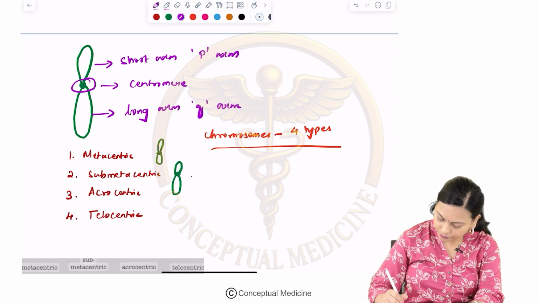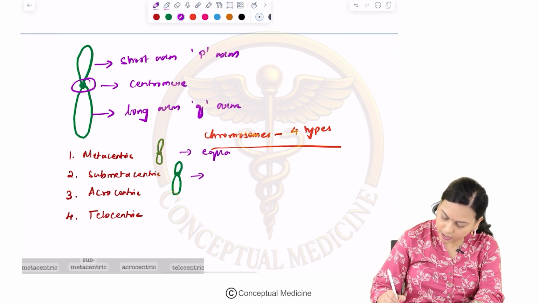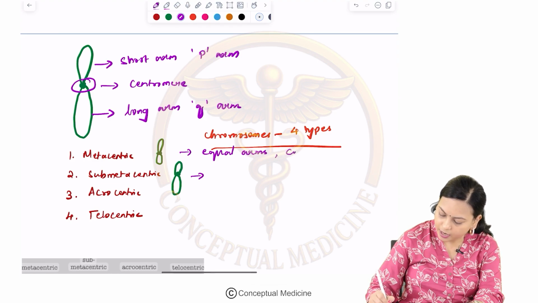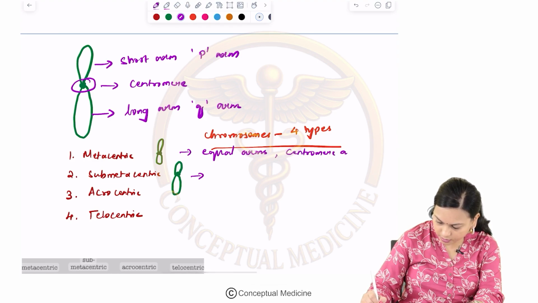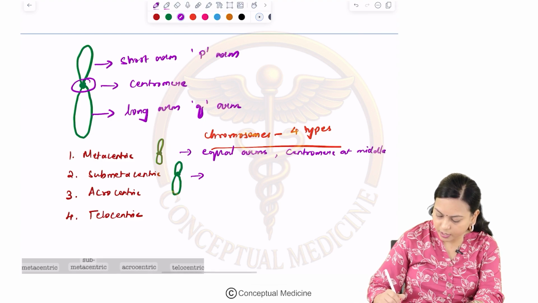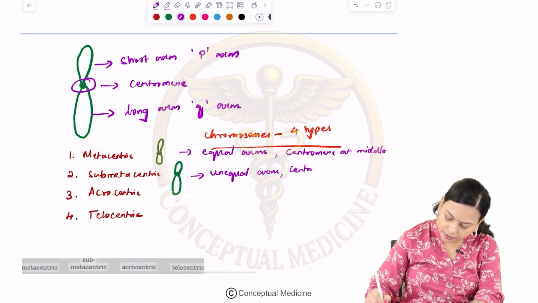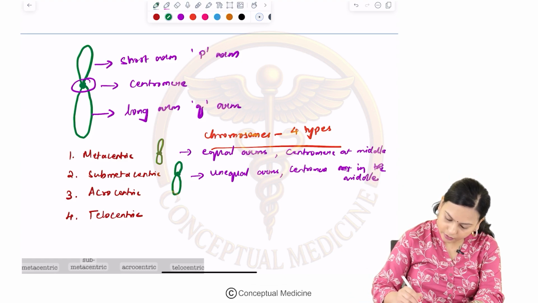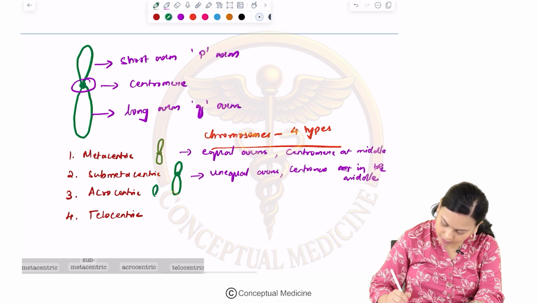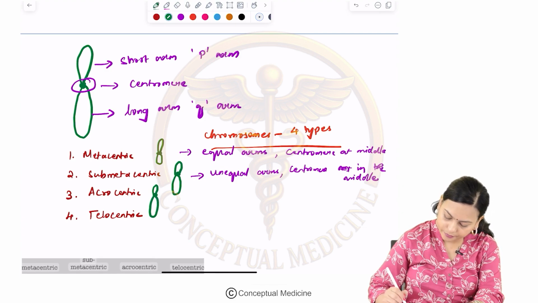And in the acrocentric chromosome, the centromere goes even more towards one end, okay.